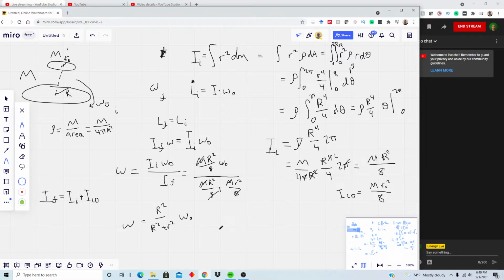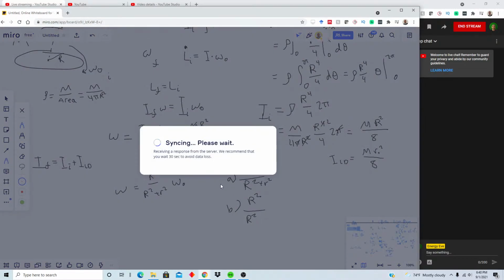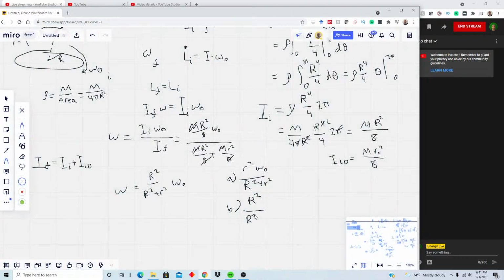Let's see what our options are. A: R squared omega naught over big R squared, little r squared. B: big R squared plus little r squared omega naught.